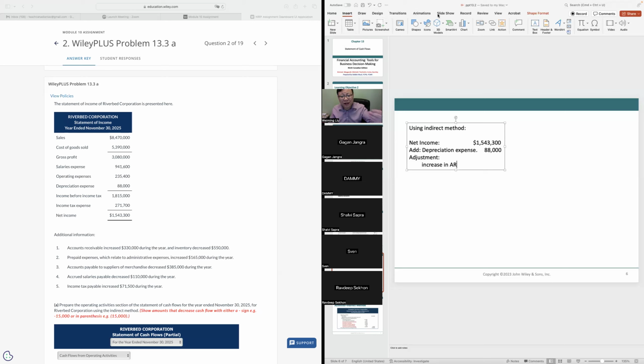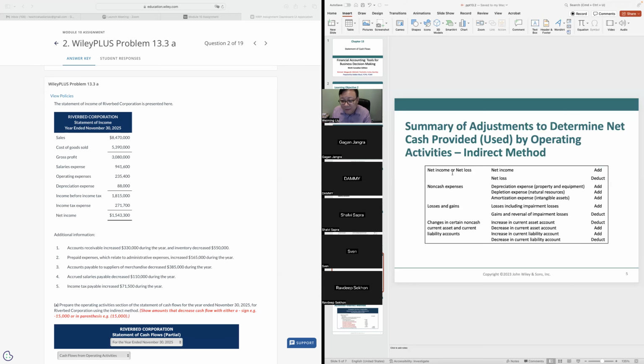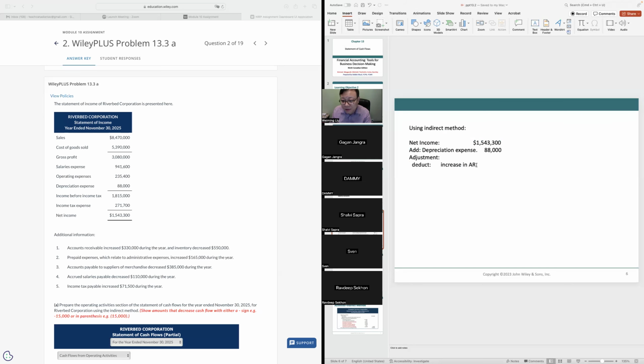So a decrease in AR means it's a positive. You are increasing cash. But an increase will be the opposite. So therefore here, you need to deduct the increase in the AR, which is 330,000.